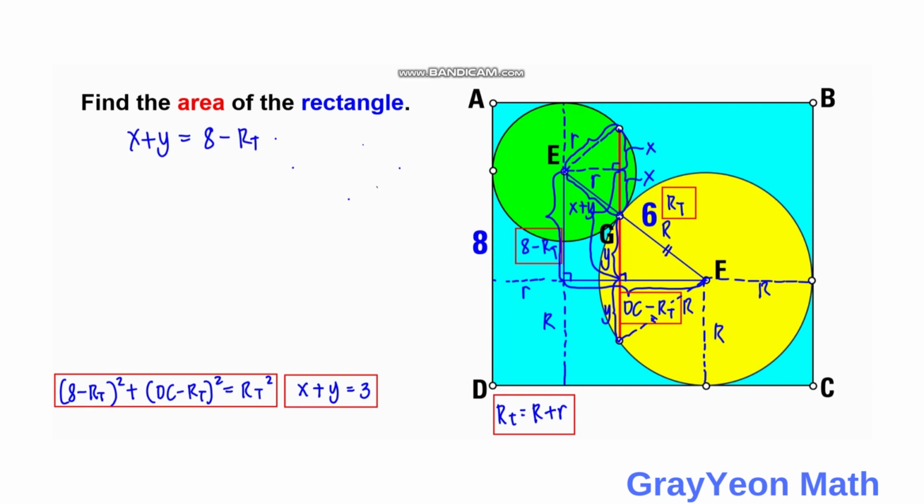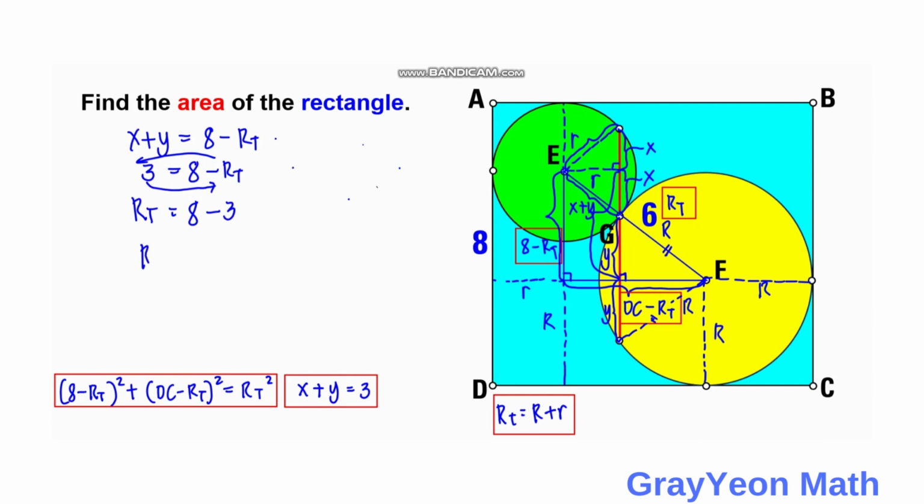Since we have the value earlier of x plus y to be 3, it is equal to 8 minus r sub t. And r sub t, if we put that on the left, so we have r sub t is equal to 8 minus this 3. Put that on the right.